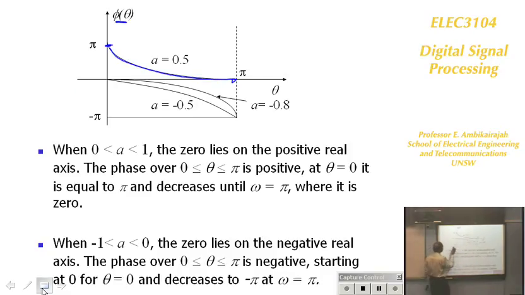If you select A equal to minus 0.5, it's 0 here, and it just goes into the negative. If you select A equal to 0.8, that's your phase response. It's a nonlinear response, and the phase is different.